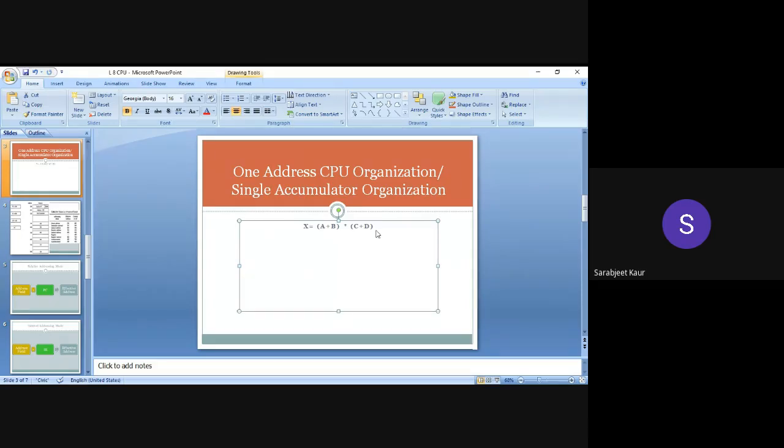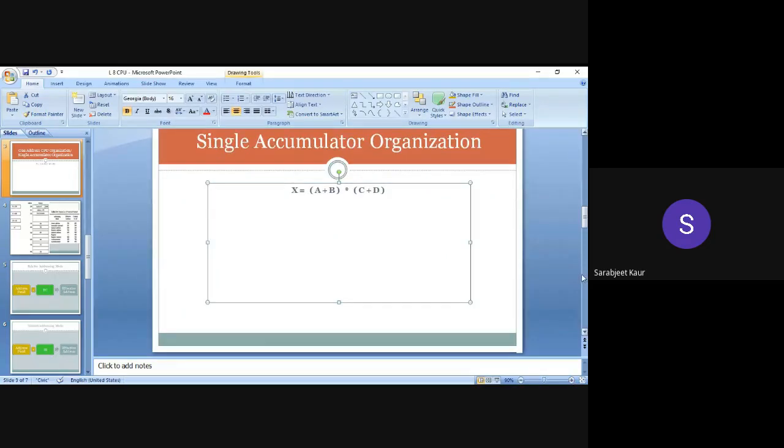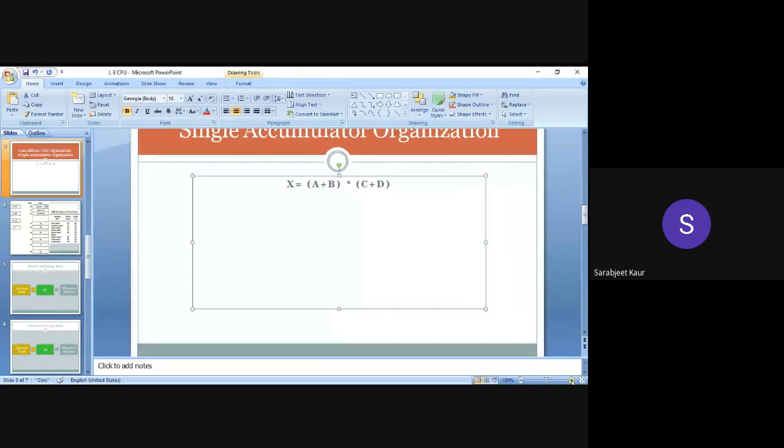So you get questions like this in your examination, wherein you are asked to write down a program for execution of this expression, let's say, using one address instructions or two address instructions or three address instructions. Okay, so please see this very, very carefully.